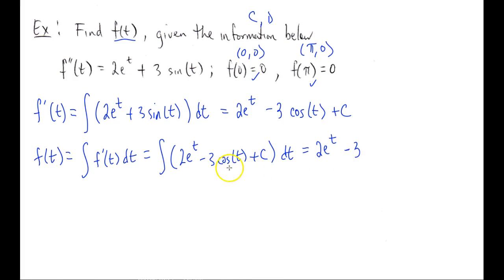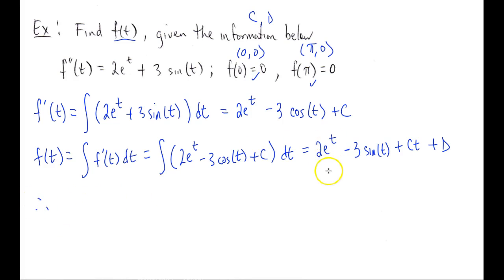We know that the antiderivative of cosine is just sine because the derivative of sine is cosine. The antiderivative of any constant is just that constant times the variable, which in this case is t. And then we have plus our other constant d there.